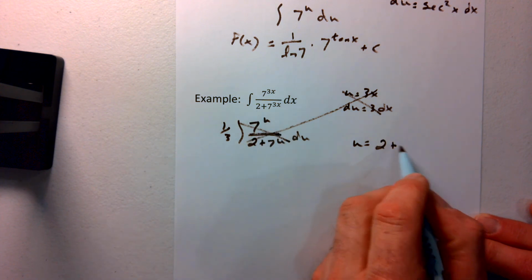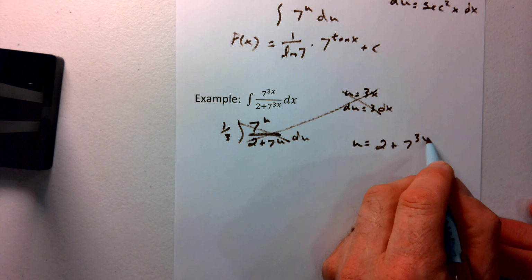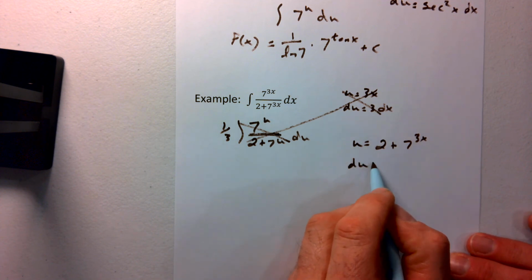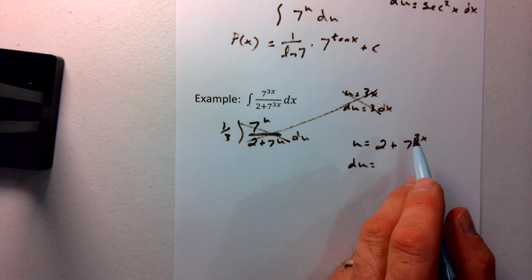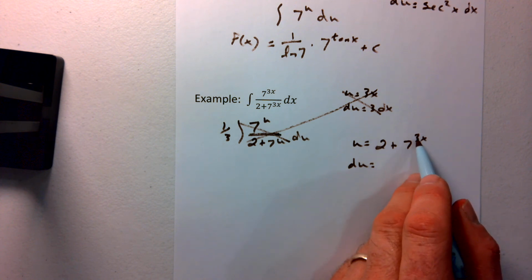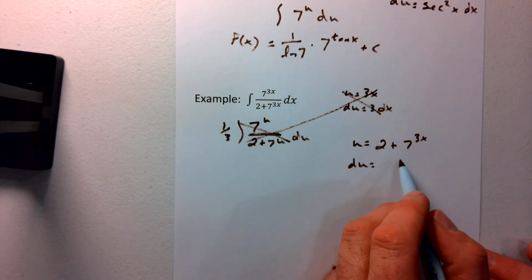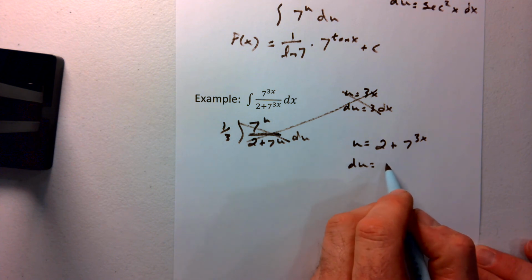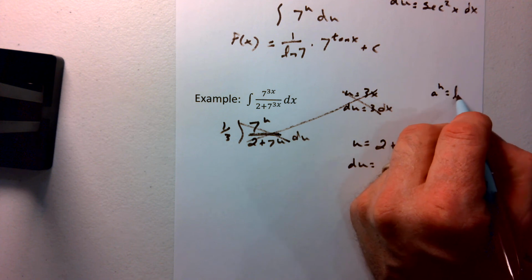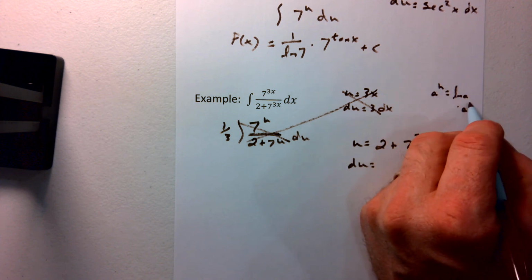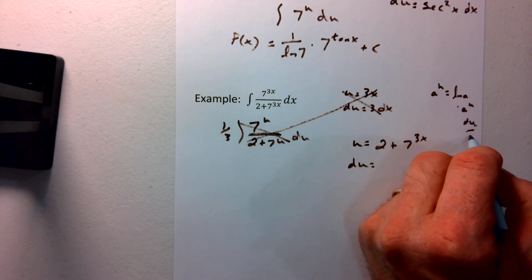What happens if u is 2 plus 7 to the 3x? Well, now my du, the derivative of 7 to the 3x. Do we remember the derivative of 7 to the 3x? We hopefully do, don't we? Remember the derivative of a to the u is equal to the natural log of a times a to the u times du dx.